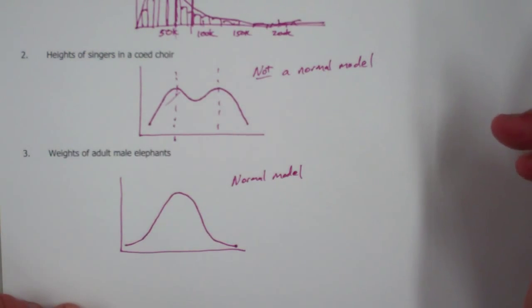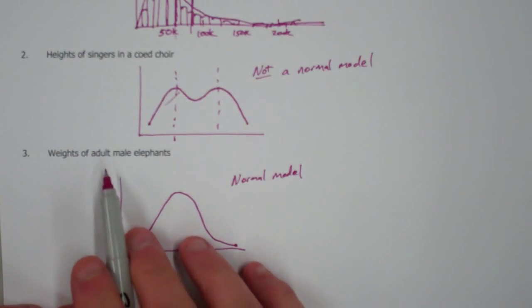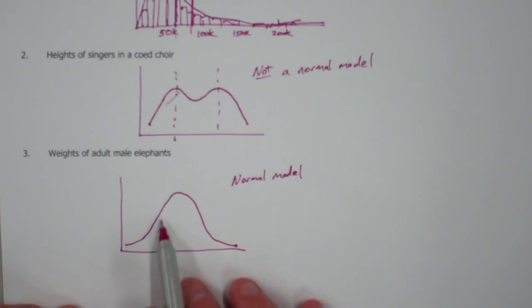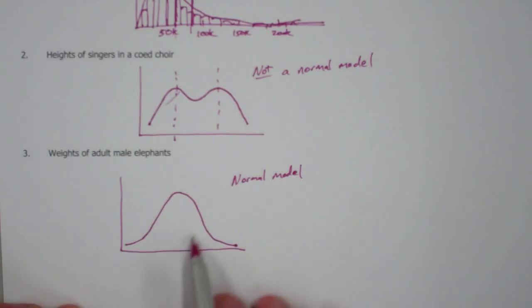You might have to do a little bit of research to figure out if there is an actual weight difference between the male and female of that species. Not all species follow the model of the female being smaller than the male. But this is just adult male elephants, and so I think definitely there's going to be a lot right around the median, or the mean I should say, and then there's going to be a few lower and a few over to the right, and this is going to be bell-shaped.